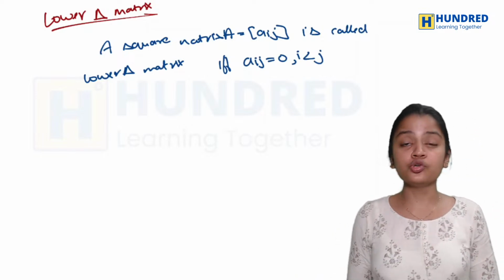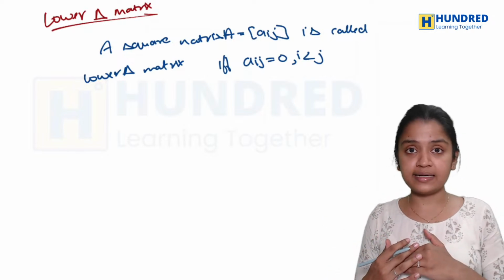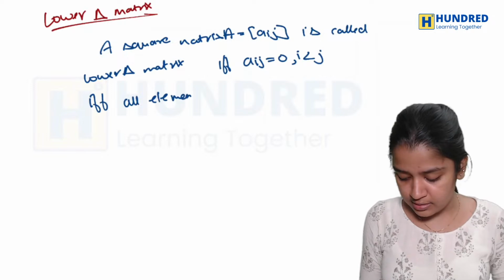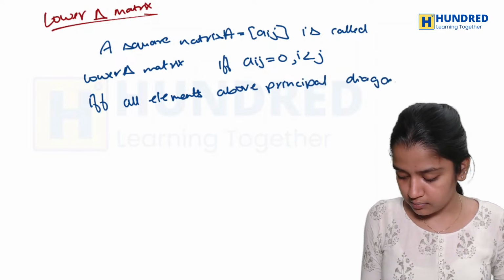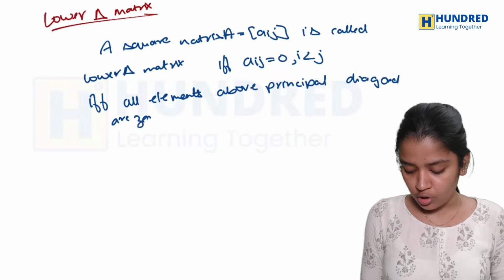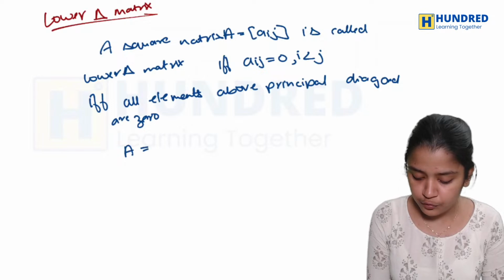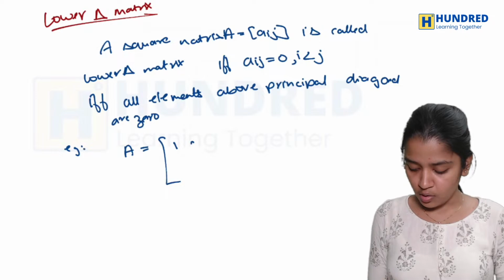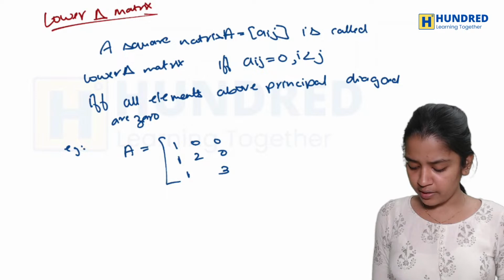Otherwise you can say all the elements above the principal diagonal are 0. So if you have an example, 1 0 0, 2 0 1, 3 1 1.